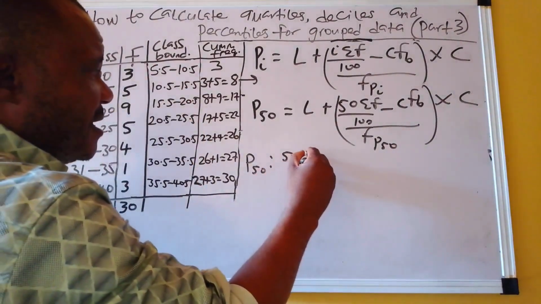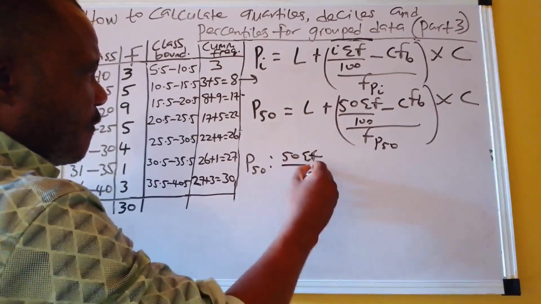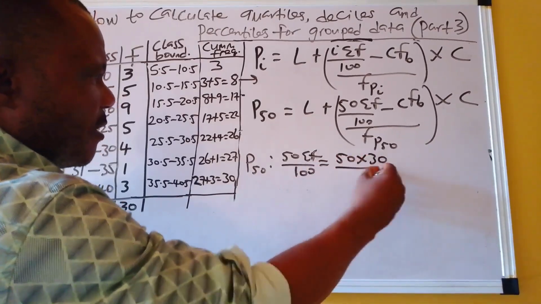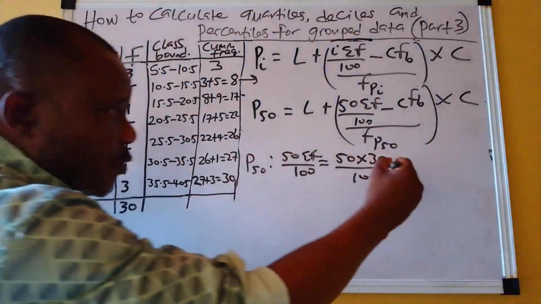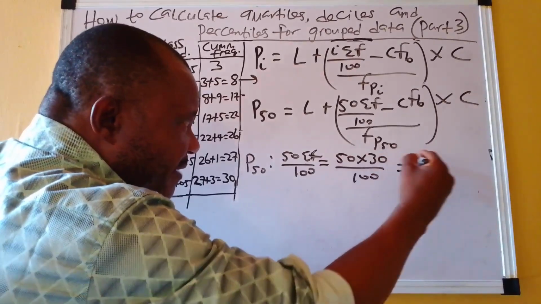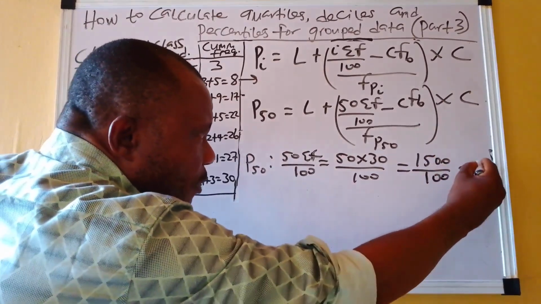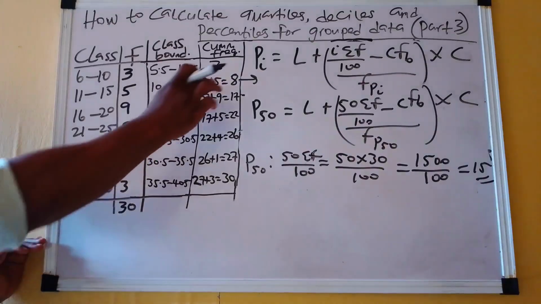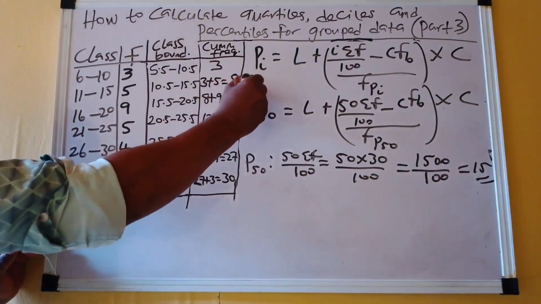So this will be 50 summation f over 100, which is equal to 50 times 30 over 100. Our summation f is 30. So this will be equal to 5 times 3, 15, 1500 all over 100, and that is equal to 15. Then you come here again, where does 15 fall? Of course, it's not this 8, it has left this, it is now here, so it falls here.